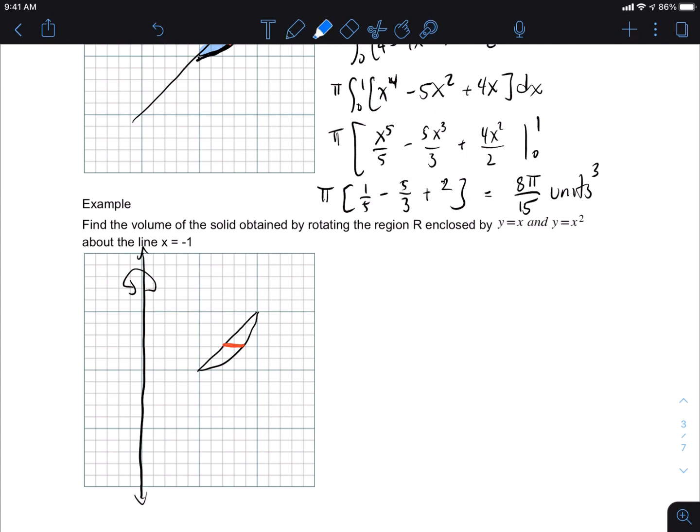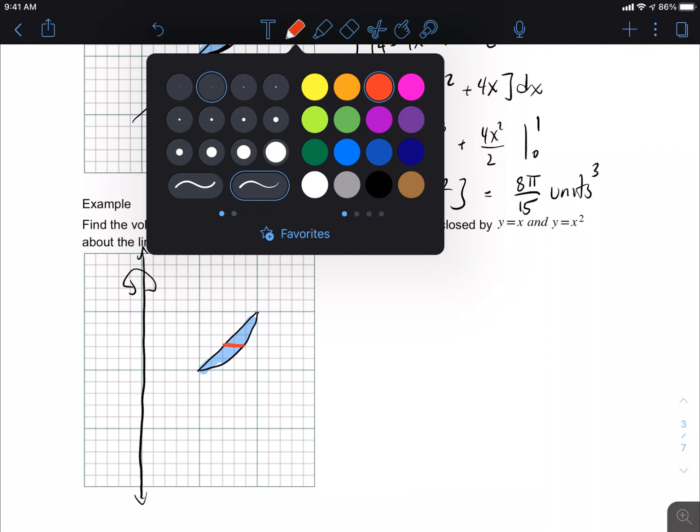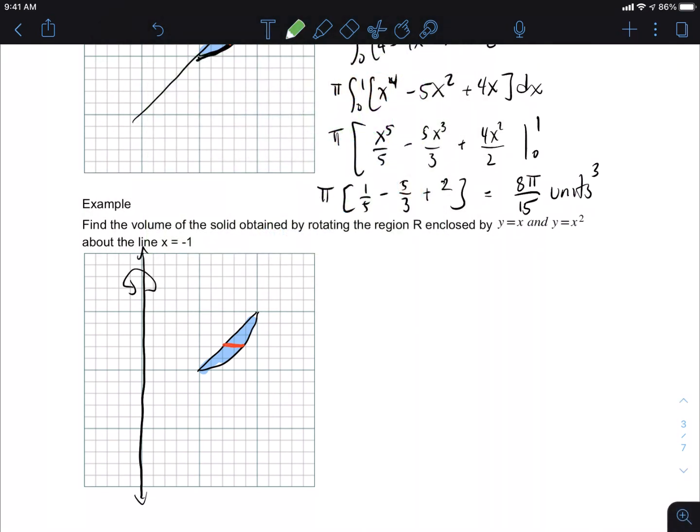Okay. My region is this one. Right? Now let's see if we can do this together. Which one is further away from the axis of rotation? y equals x or y equals x squared? The x squared.